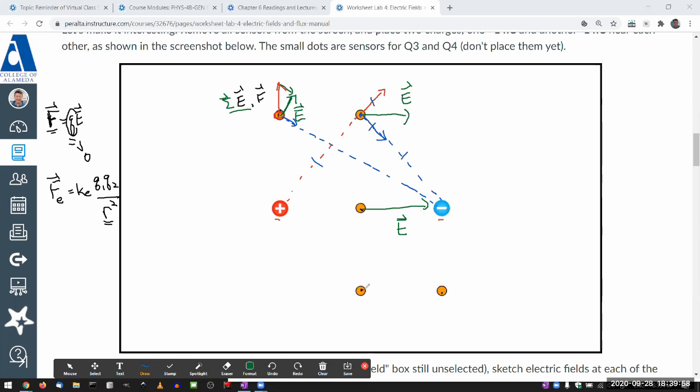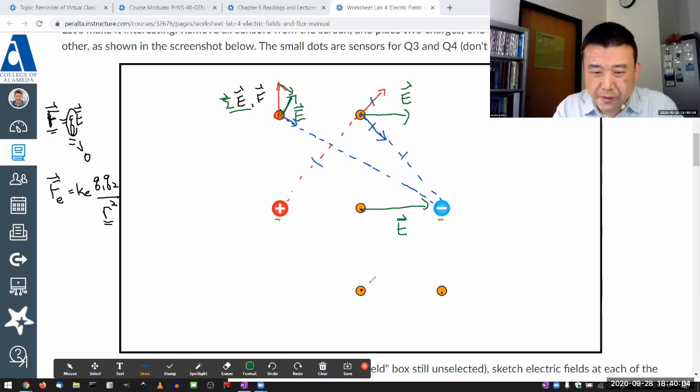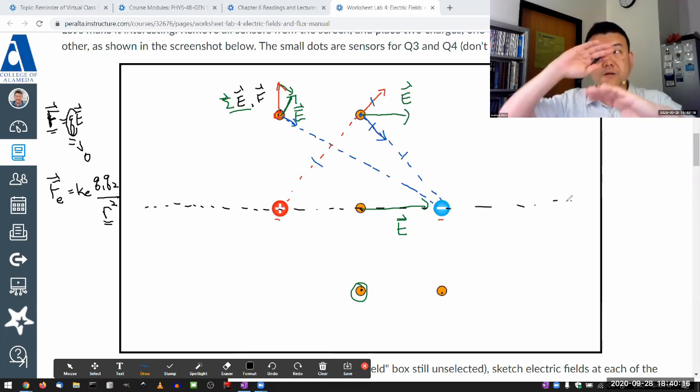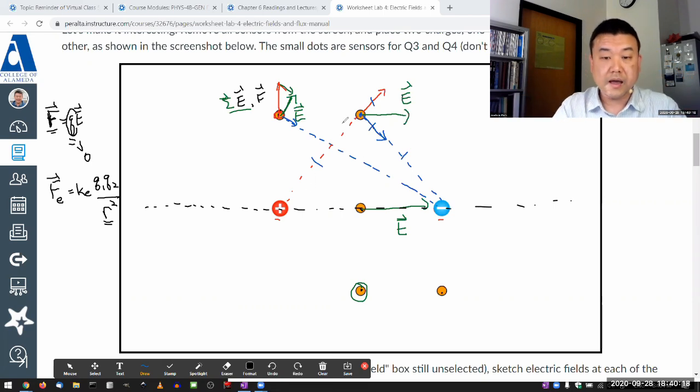So for the fields down here, I can make a symmetry argument. I can imagine taking a line between these two and taking a mirror image. So everything up here gets mirrored down here.